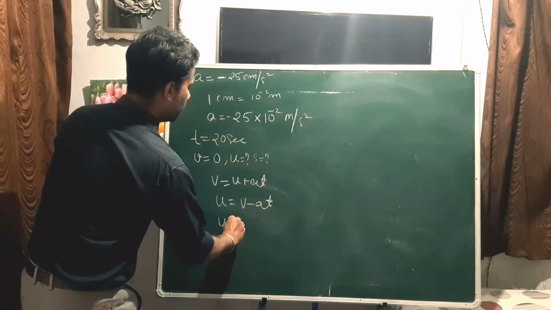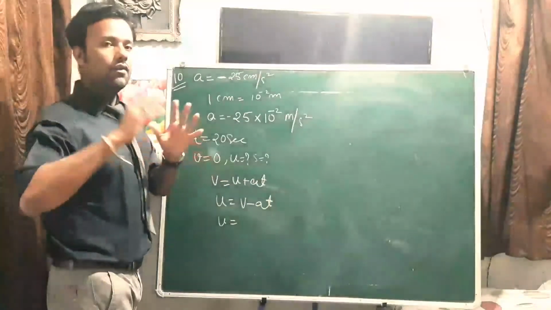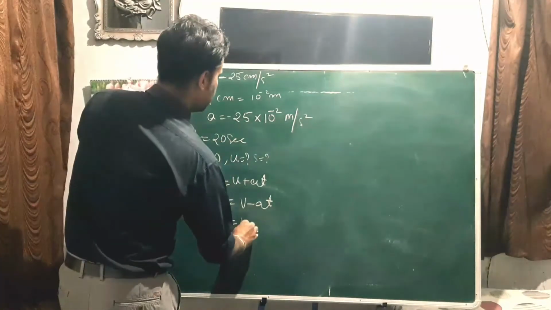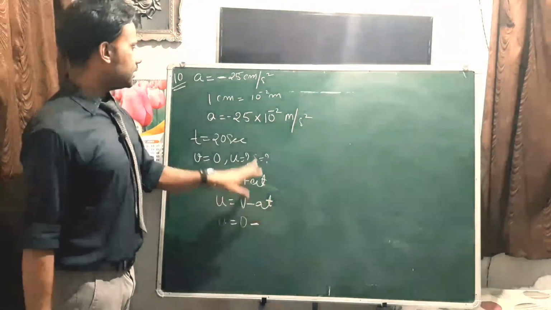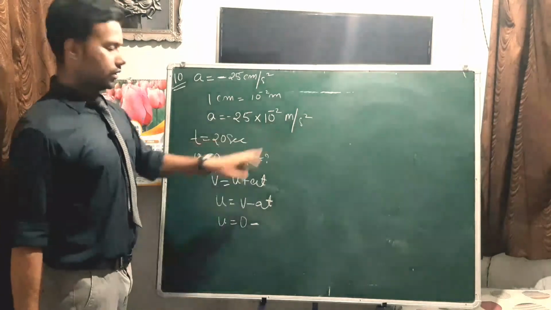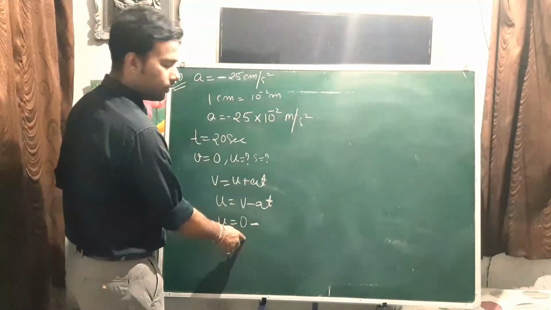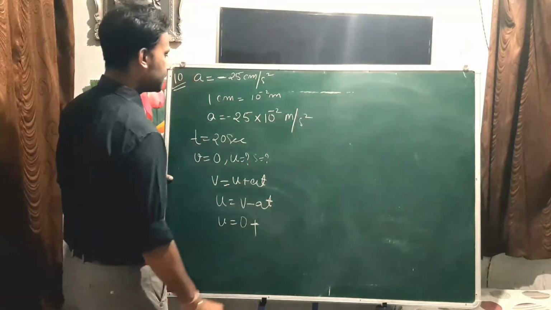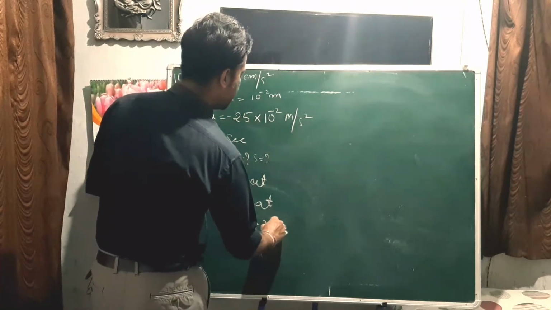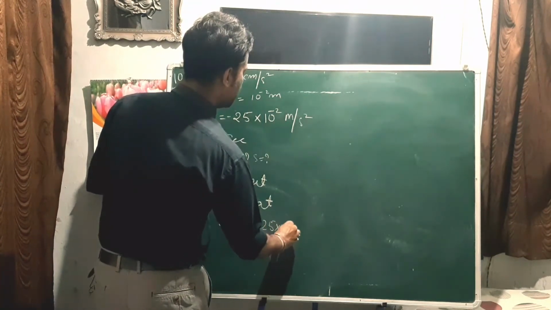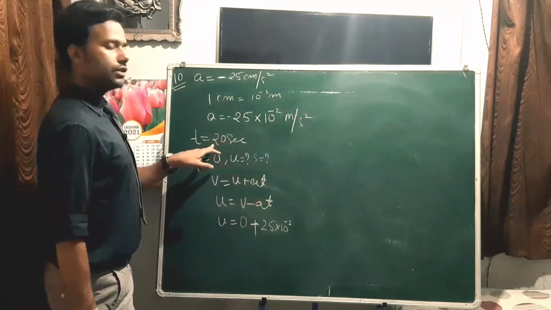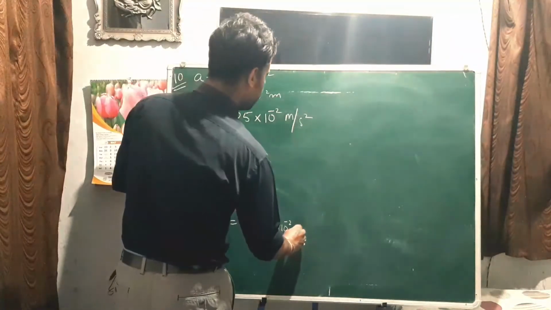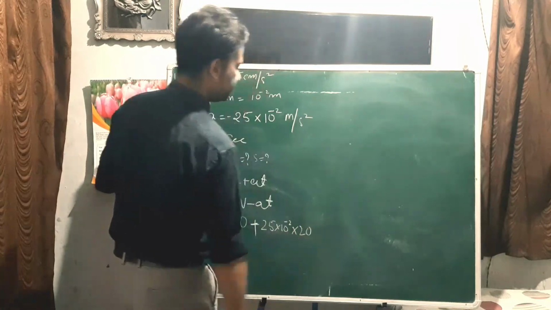So u equals v, the final velocity, that is 0, minus, what is the value of a? It's minus 25 into this. So minus into minus will become plus. So plus 25 into 10 to the power minus 2 into t. t is 20 seconds, into 20.